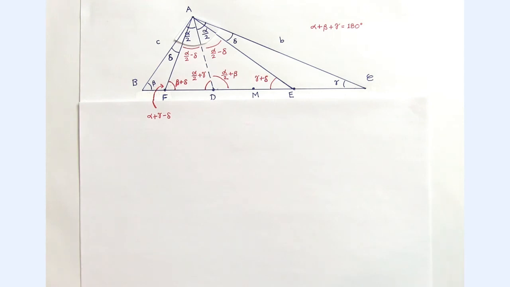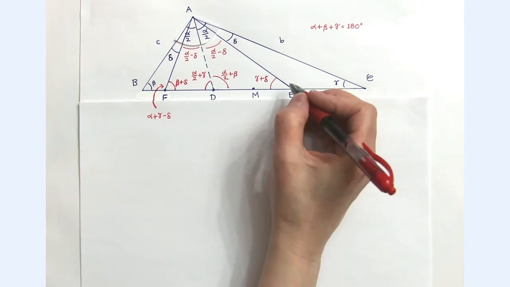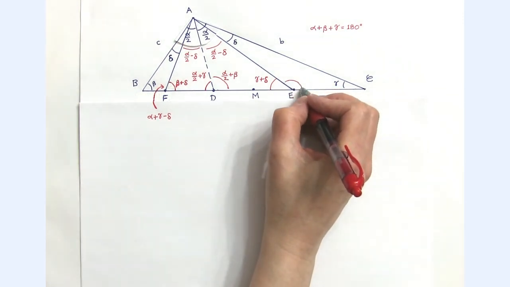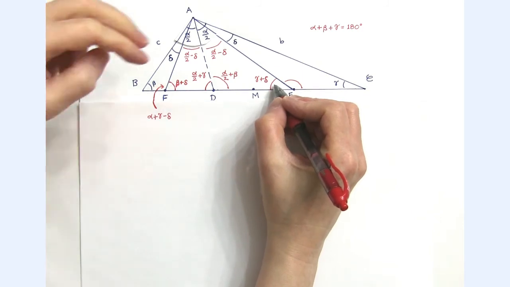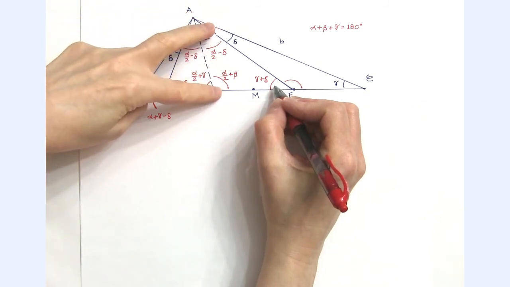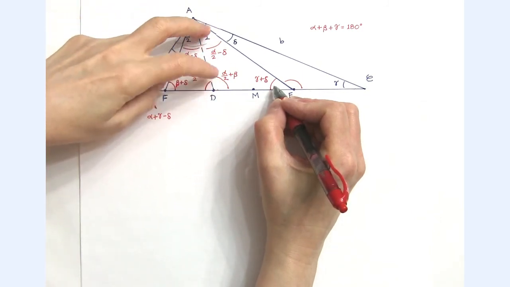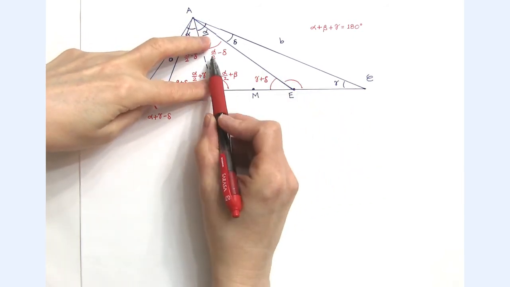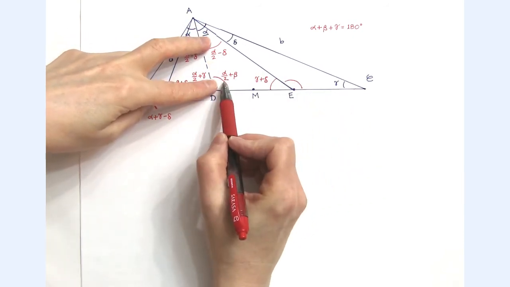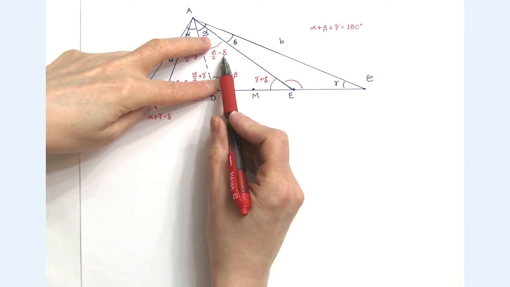I'm almost done labeling all of these angles. I have one angle left that I need to label, this one, which is 180 minus this one, which is the same as this plus this. So if I add these two angles together, I have alpha over 2 plus alpha over 2, which is alpha, plus beta minus delta.